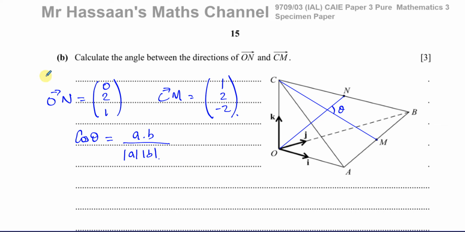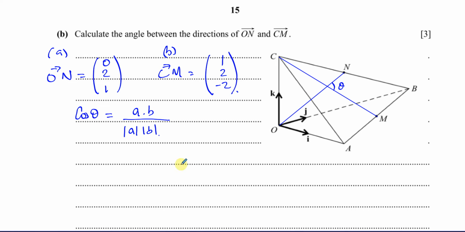Let's call this vector A and let's call this vector B. Let's find the dot product. A dot B will be these two vectors multiplied. The dot product of two vectors is really easy to find, and there's some reasoning behind it which I'm not going to go through now.